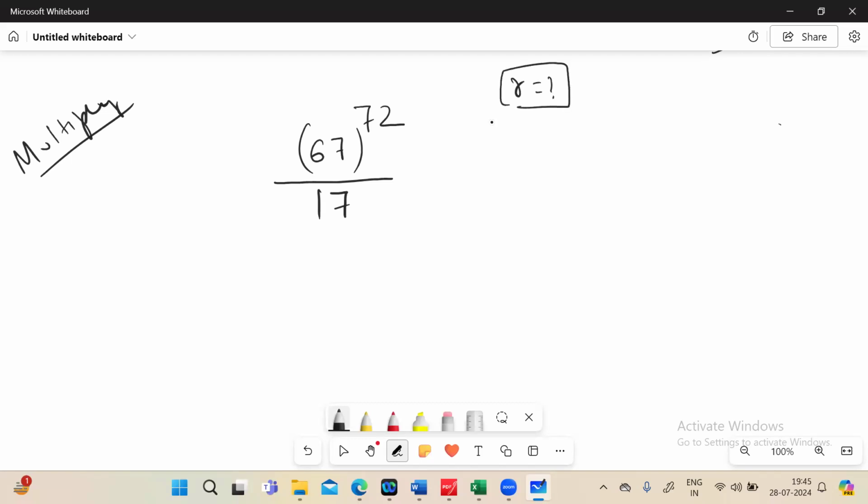So I can easily see that the nearest number which is divisible by 17 is 68, 17 into 4. So this number can be written as (68 minus 1) to the power 72, divided by 17.